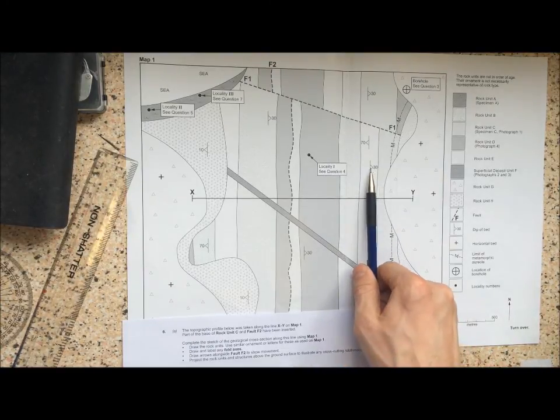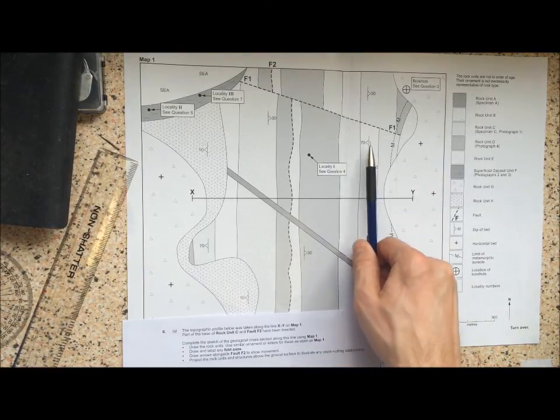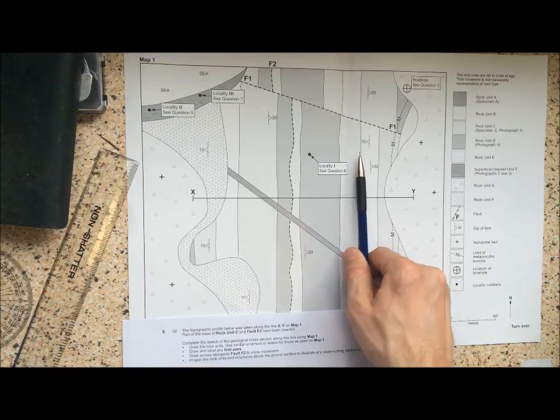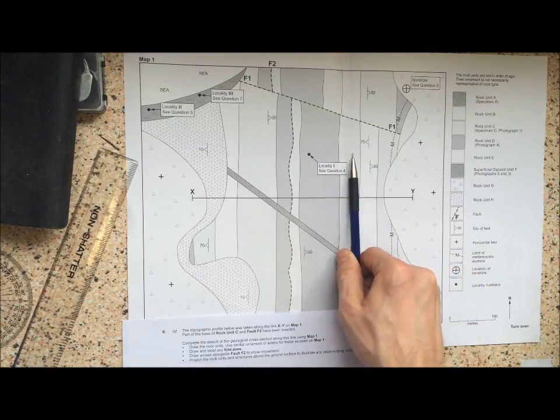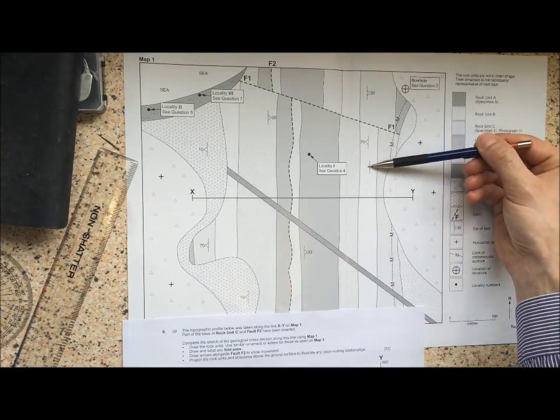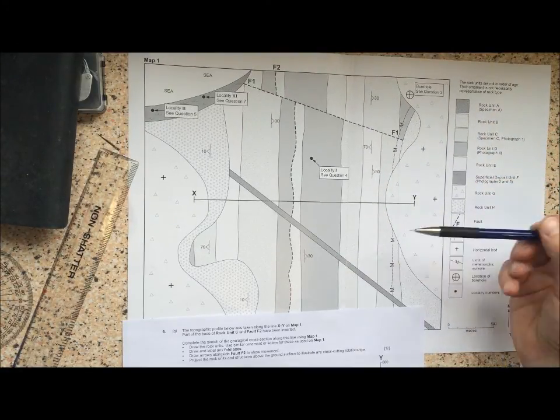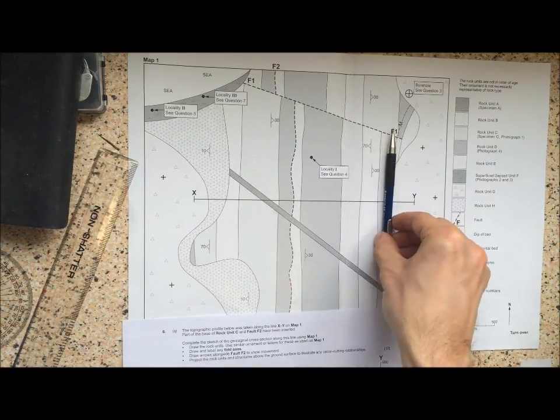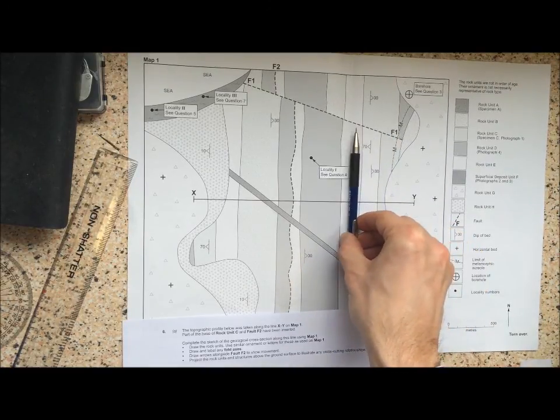And if the dip arrows are pointing away from each other, it's going to be an anticline. So we can see here that this is the axial planar trace of this particular anticline. And we've got repeated beds, so we know that that's the anticline.